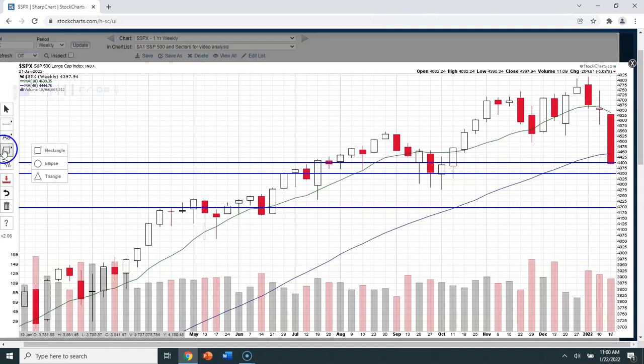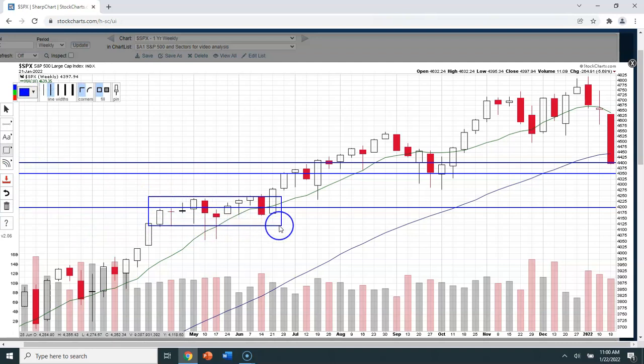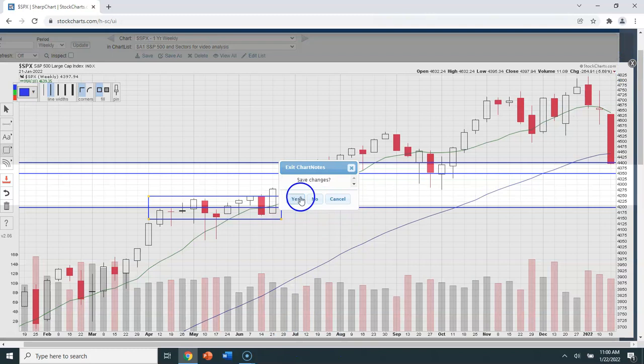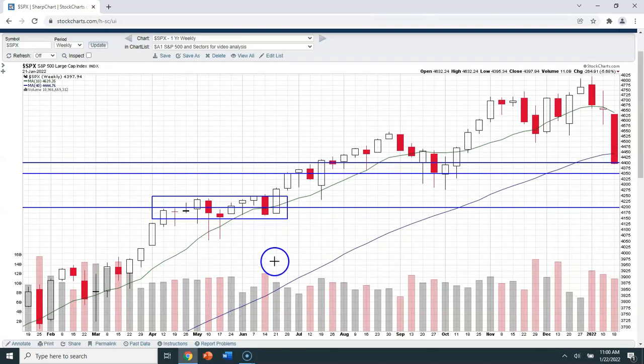And then we'll draw a box, kind of a rectangle around this area, kind of encompassing 4150 to, let's see, I'm trying to eyeball this, 4150 to about 4250. So hopefully you can see what I'm doing there. And save those changes.